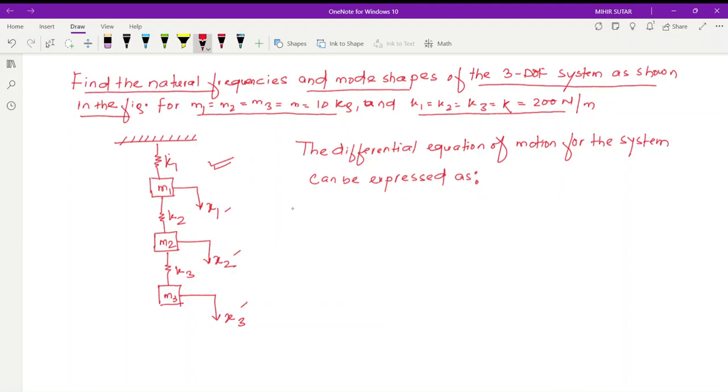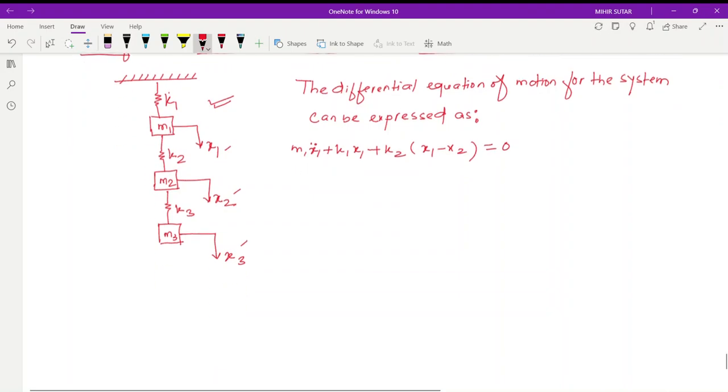m1 x1 double dot plus k1 x1 plus k2 (x1 minus x2) is equal to 0.